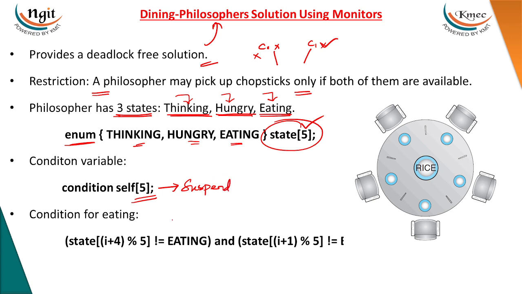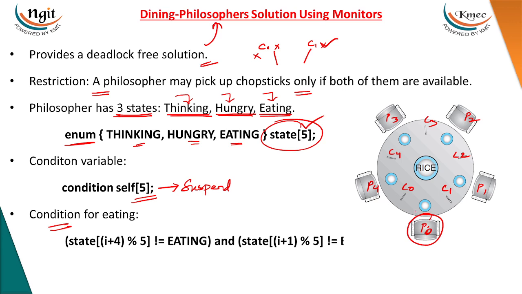Next, the condition for eating. What is the condition for eating? Let us take the philosophers P0, P1, P2, P3, P4, and the chopsticks C0, C1, C2, C3, C4.